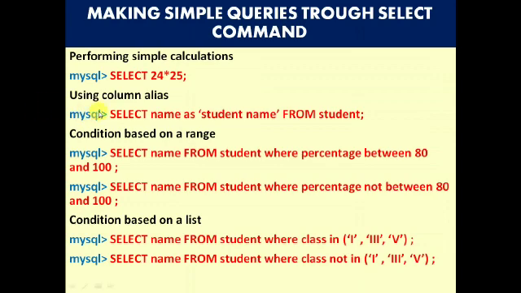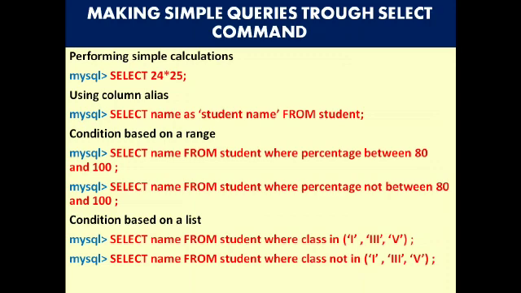Now the next topic is using column alias. Column alias means, suppose while creating the table you have given a name to the column. But now while displaying, you want to display student name as the heading. It means you want to change the name of the column only while displaying it, not permanently.